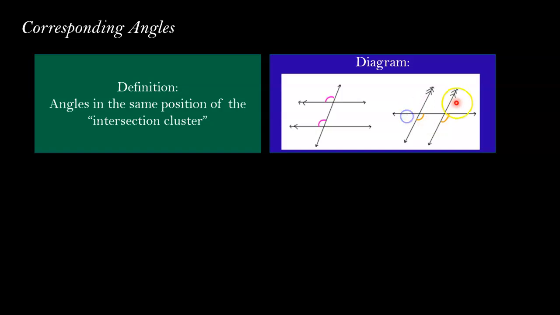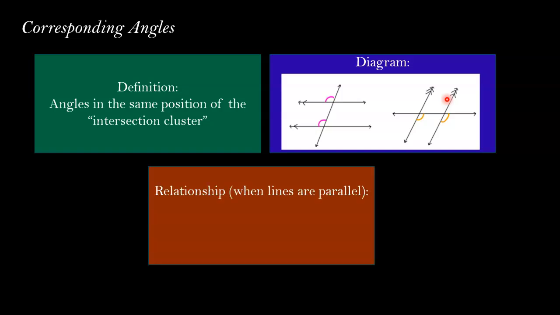In this diagram, the orange ones that are marked are on the lower right position of their clusters. Those are called corresponding angles. When the two lines that are cut by the transversal are parallel, then corresponding angles are congruent. They're the same size.